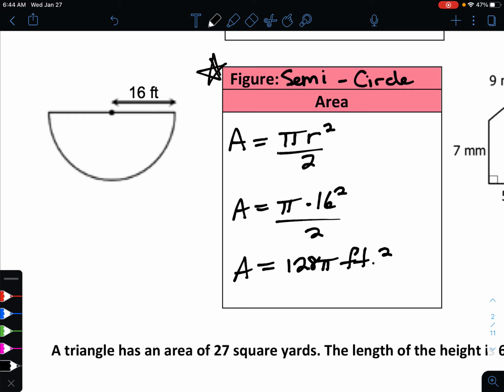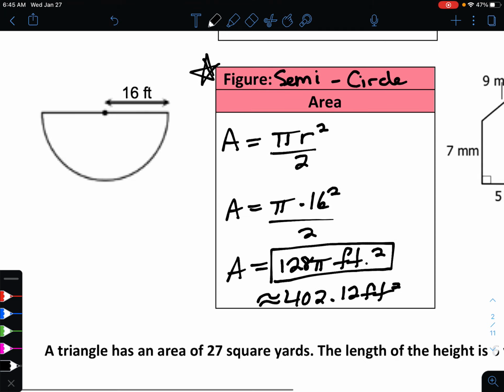Now, again, that's how we are going to leave our final answer, but if you were curious to see what that was as far as a decimal, it ends up being about 402.12 feet squared. So again, this is going to be how we'll leave our final answer, but if you were curious about the decimal, that's what it should be about.